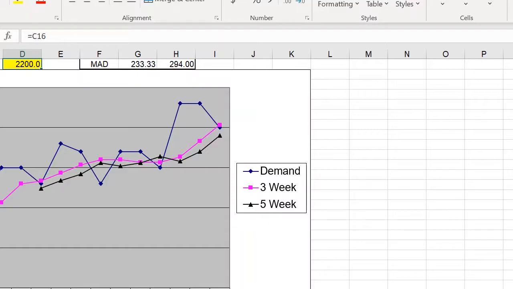As you increase the number of periods, the forecast gets a little bit flatter. As you decrease the number of periods, the forecast becomes a little bit more responsive. So let's go back to my slides and talk a little more about those characteristics.